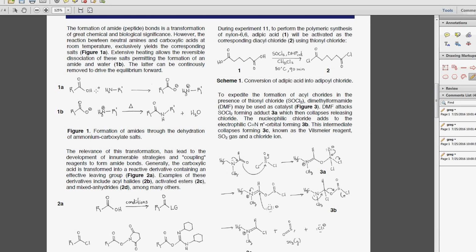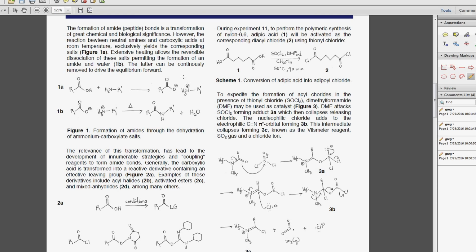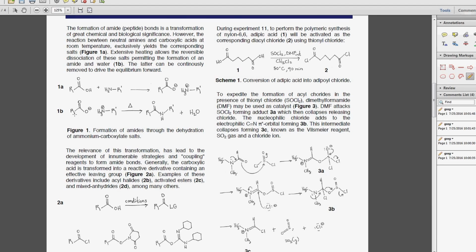The pKa of these carboxylic acids is typically somewhere between 4 and 6, and the pKa of the ammonium group that you're going to form here is somewhere between 7 and 8, and so consequently this is just going to be an acid-base reaction. So you're going to form the carboxylate and the ammonium. This cannot act as a nucleophile, and this is an exceedingly poor nucleophile. Under extreme heating conditions, you can get this reaction to proceed, but not very efficiently.